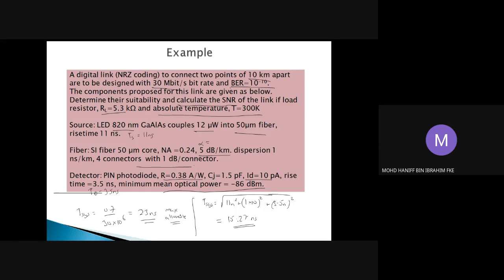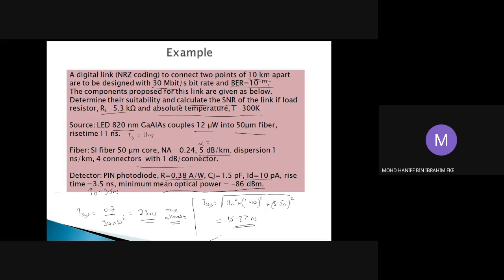So your calculated rise time is very much smaller compared to the rise time for 30 megabit per second. This means the components can be applied in our system design by the rise time budget or bandwidth budget analysis. The 30 megabit per second bit rate can be supported by these components.